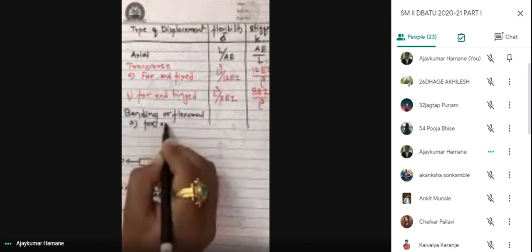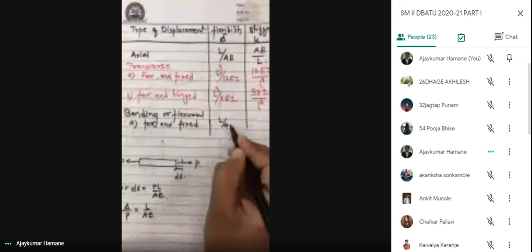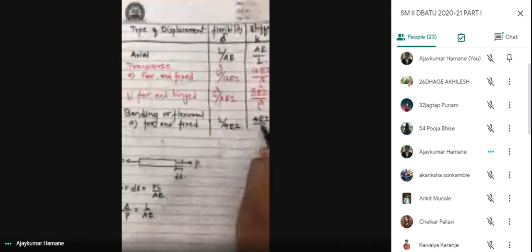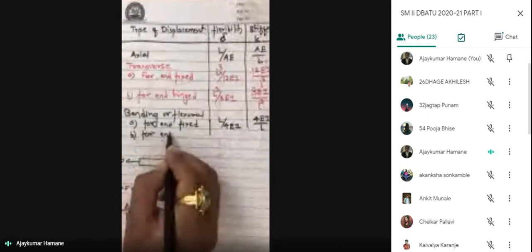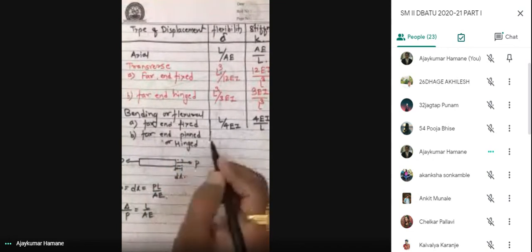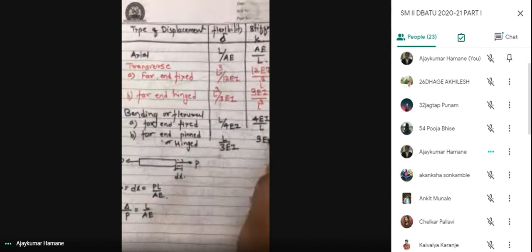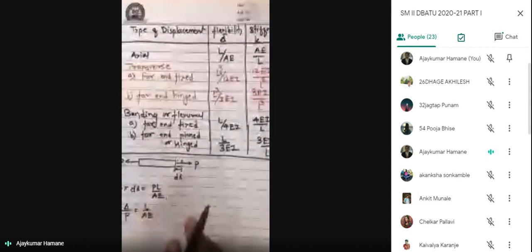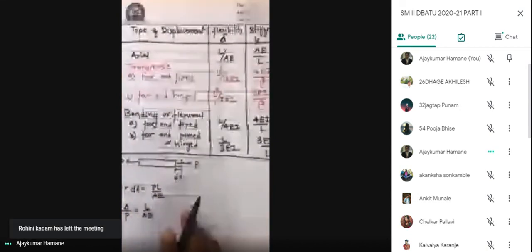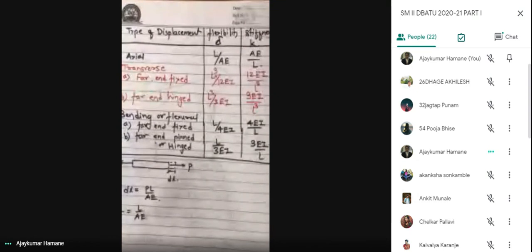First, far end fixed: flexibility is L upon 4 EI, and stiffness 4 EI by L. Then far end pinned or hinged: L upon 3 EI, and here 3 EI upon L. If you remember this, it is enough for the flexibility method, stiffness method, and matrix method.